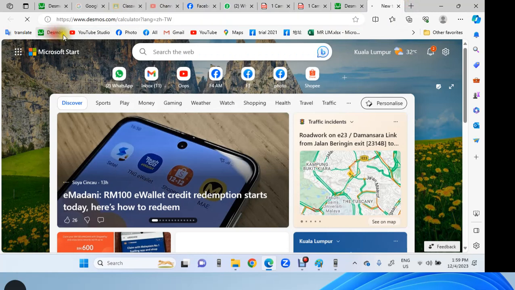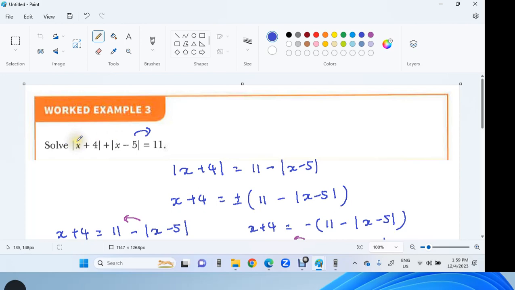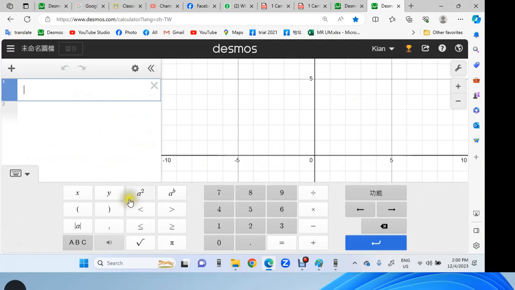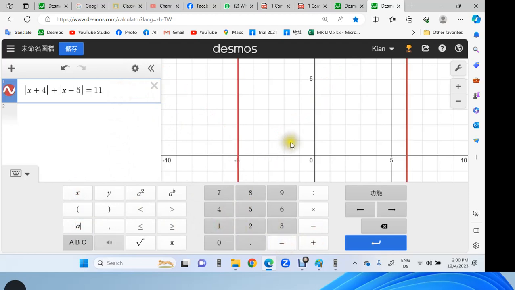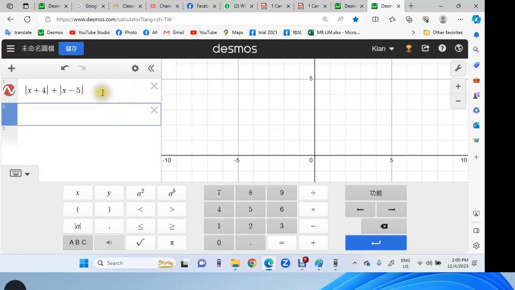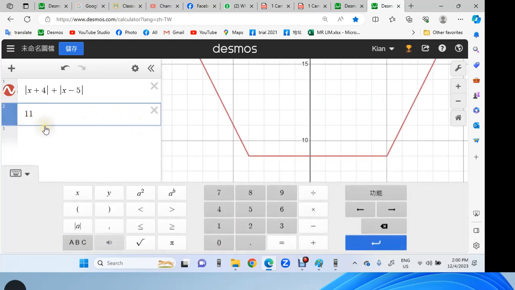Then this one is modulus x plus 4 plus modulus x minus 5 equal 11. Okay, this is 11. So you can see that this is the equation.